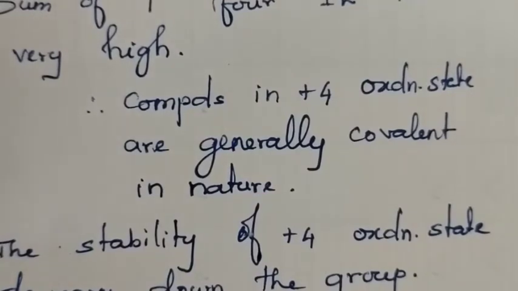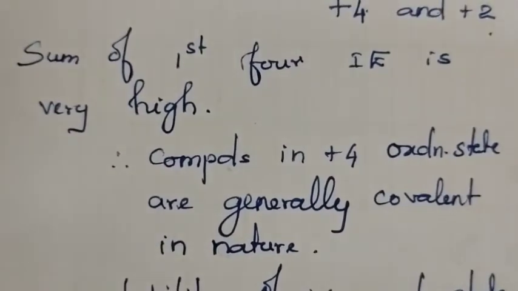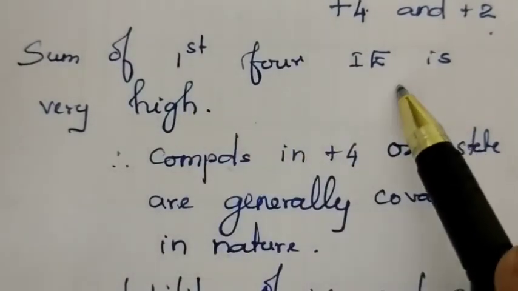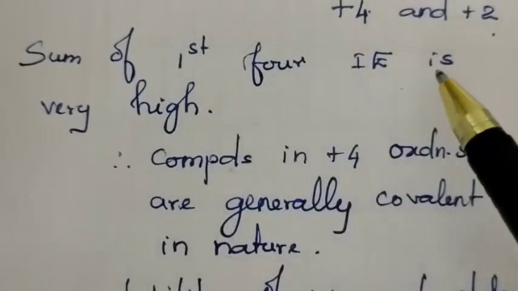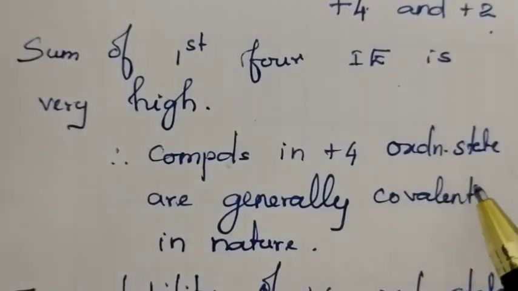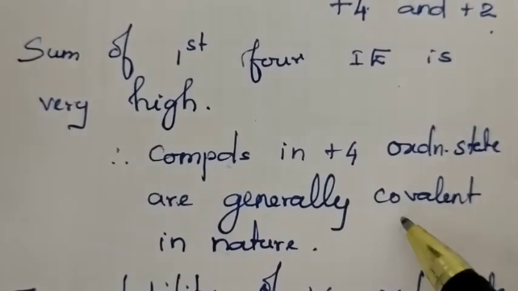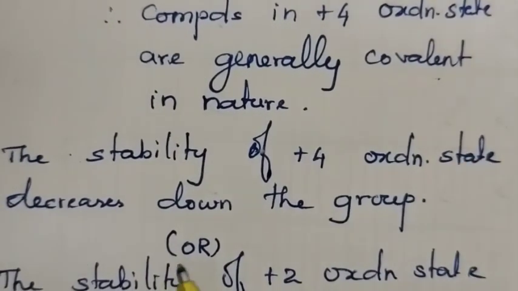Because losing 4 electrons is energetically very difficult. That is why we say the sum of the first 4 ionization energies is very high, and so compounds in +4 oxidation state are covalent in nature.